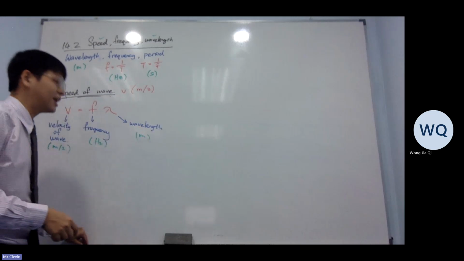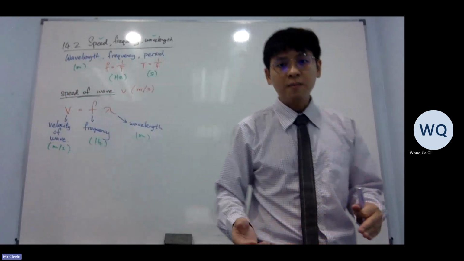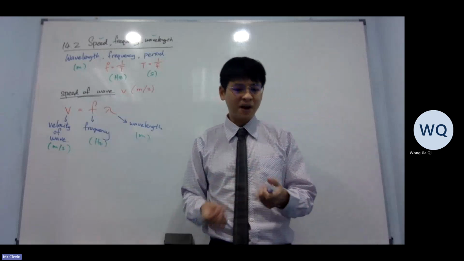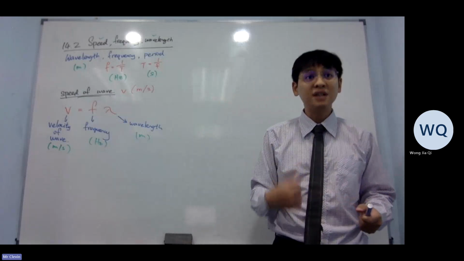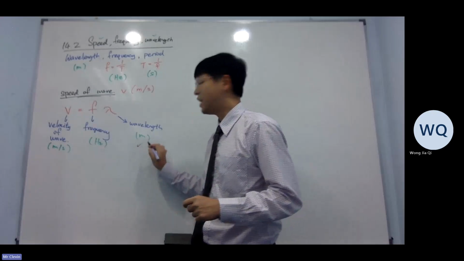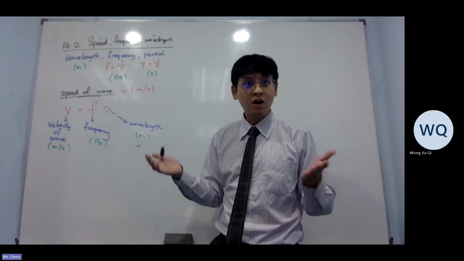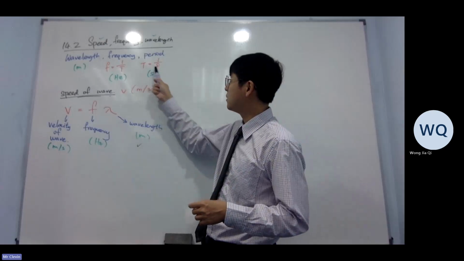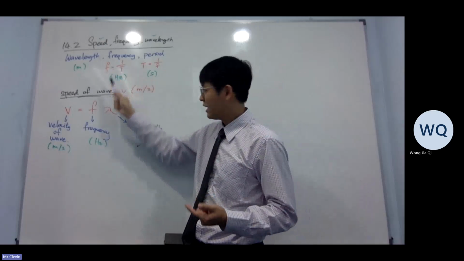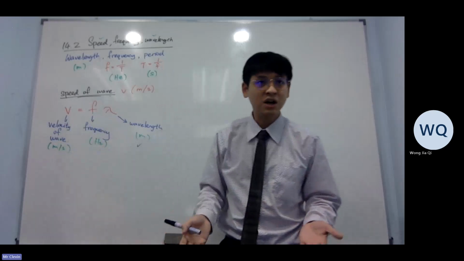So how do we utilize this? Every time you use a formula, you need to identify the information given to us. Sometimes they give us a wavelength, or the period, and want us to find the speed. Of course, we can use the period formula to find the frequency, then put it back into here and calculate the velocity of the wave.